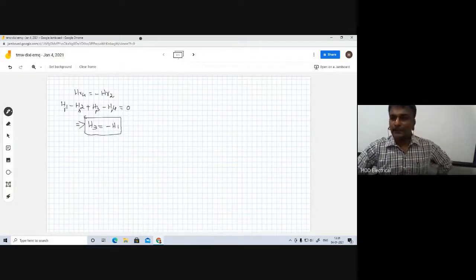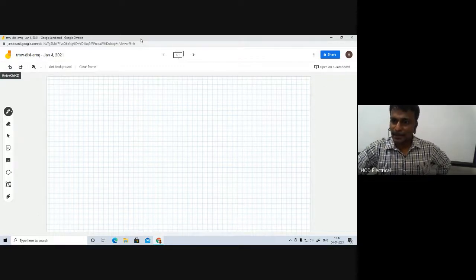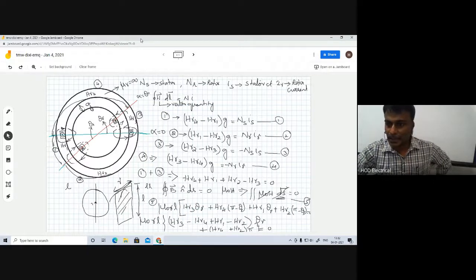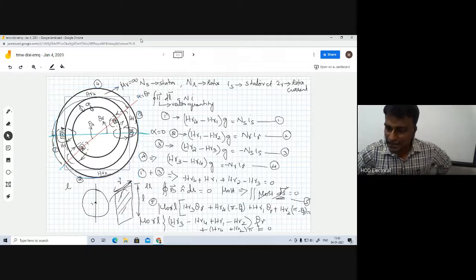So from this, we can conclude that in this previous case, we have HR4 equal to minus HR2, and HR3 equal to minus HR1.